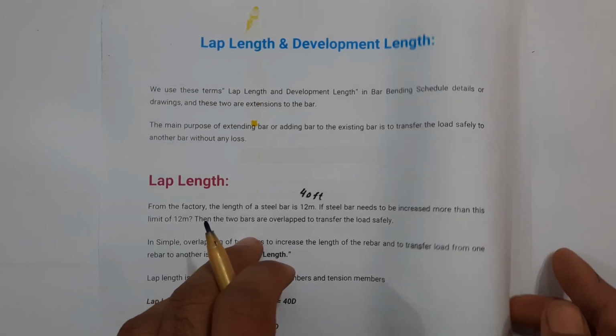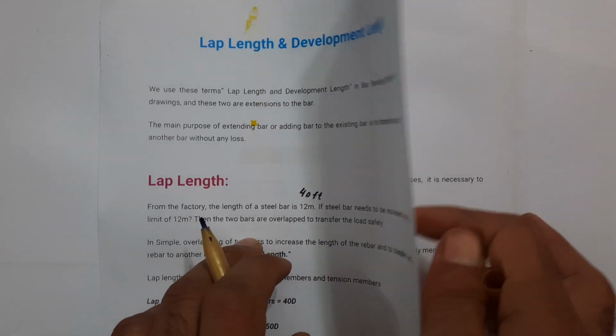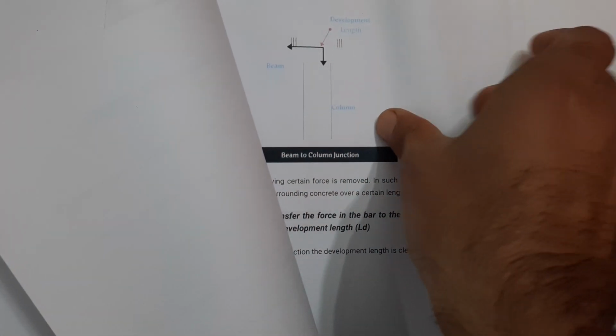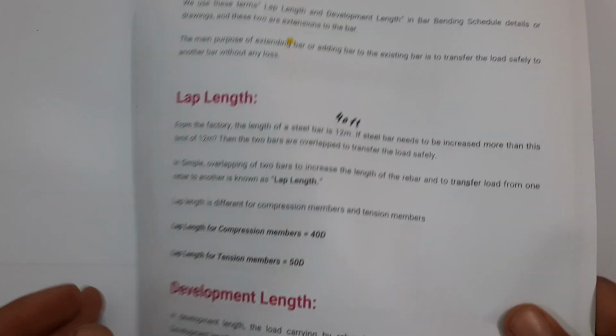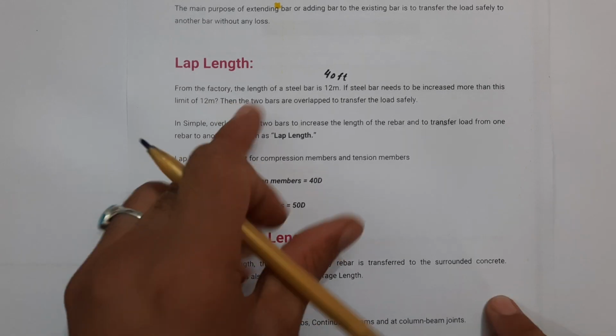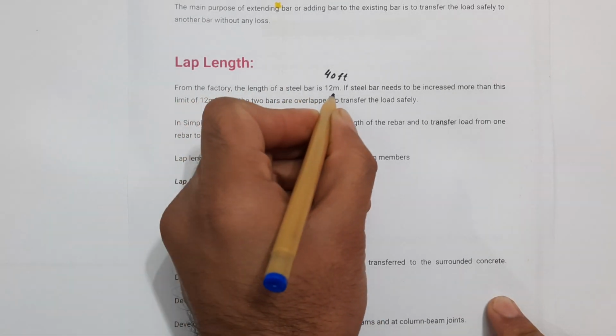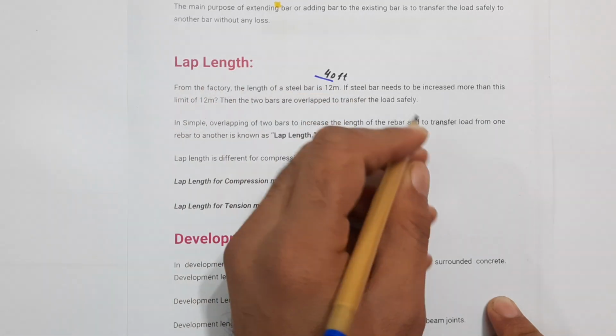Now, what is lap length or lapping length in steel structure? Remember, from the factory, as you know, the length of a steel bar is 12 meter, which is about 40 feet.